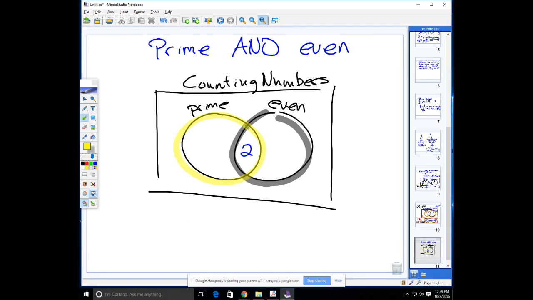Yeah, 2's the only one, because what's the next even number? 4. To be even means 2 goes into it, so every other even number cannot be prime because of the definitions. Otherwise, when we start listing numbers, we'll have 4 over here, we'll have 3 over here, 5 would be over here, 6 would be over there.